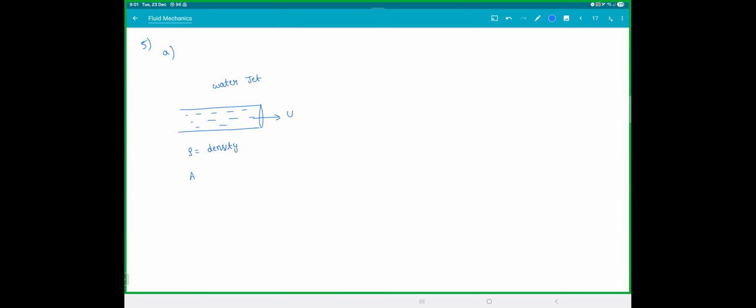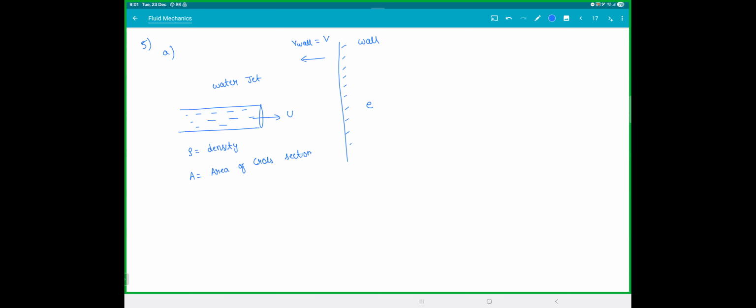A is the area of cross section. If you remember, we did something like this in units and dimensions. Find the force exerted on the wall. And we have a wall here, and the wall itself is moving with speed v. And the coefficient of restitution is e.